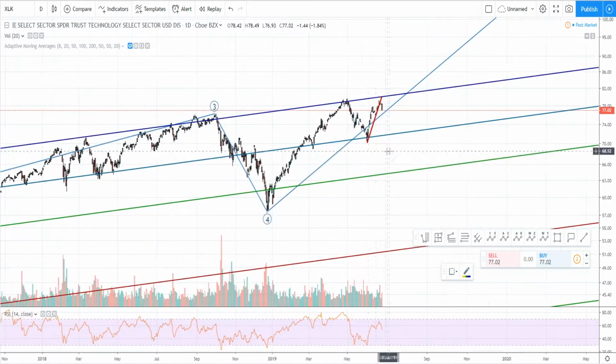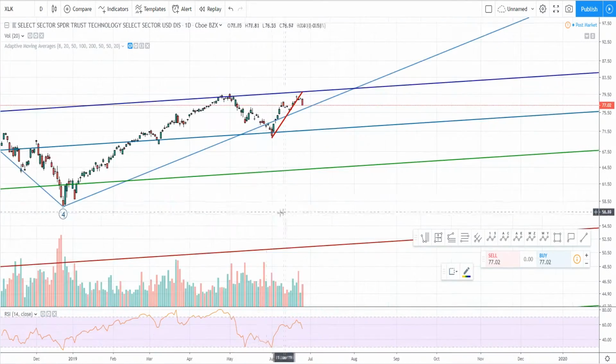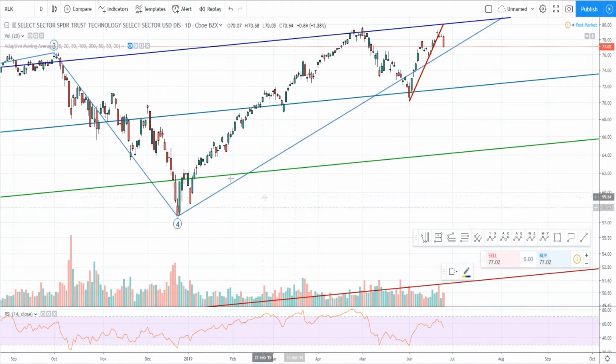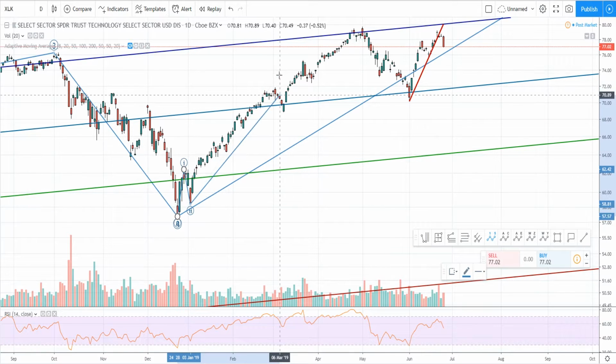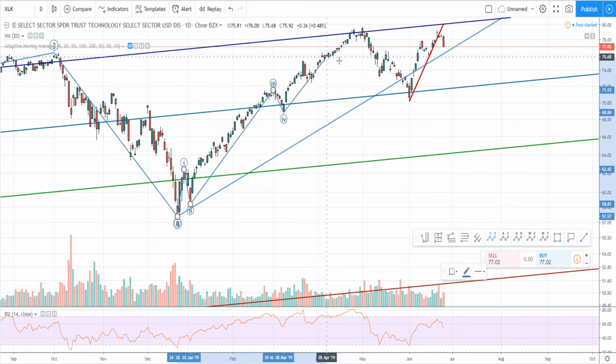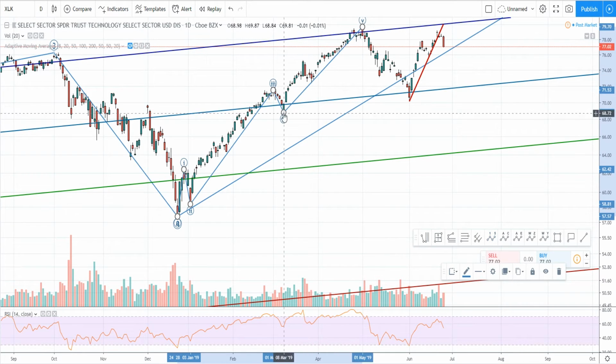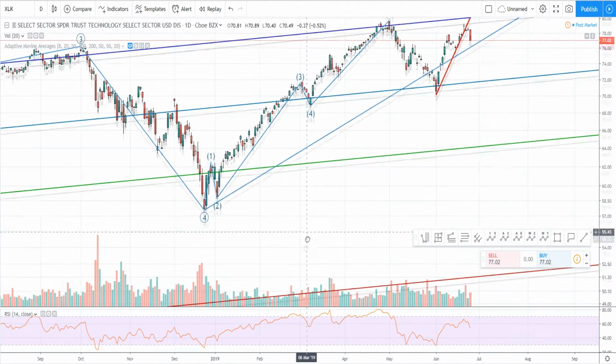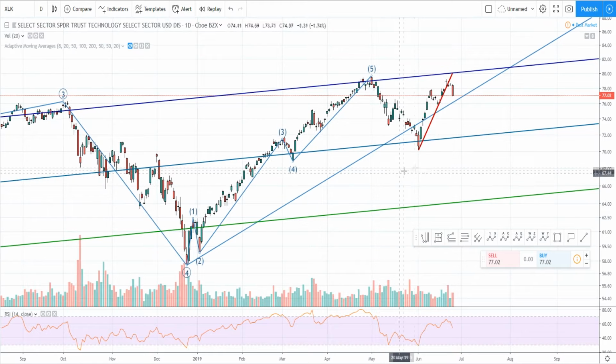So if we look at the more recent price action, we can see right here wave 1, 2, 3, I think 4 and 5. I think this immediate degree. And then here we had an ABC.